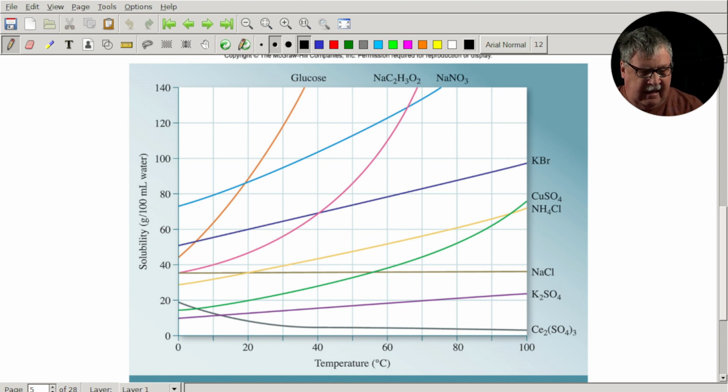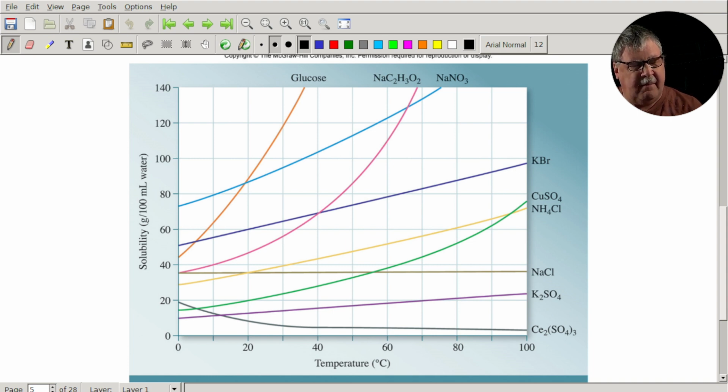All right, its solubility actually goes down. So there are a whole bunch of factors that influence the solubility of compounds in water. And again, most of the examples here are ionic compounds. But what you can generally assume is that as you increase the temperature of water, you can dissolve more of an ionic substance.